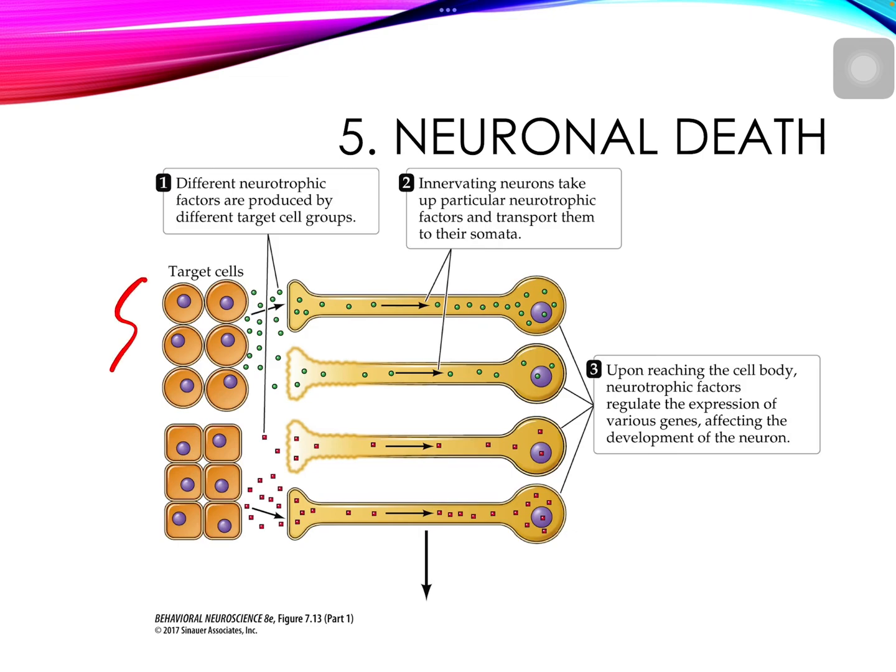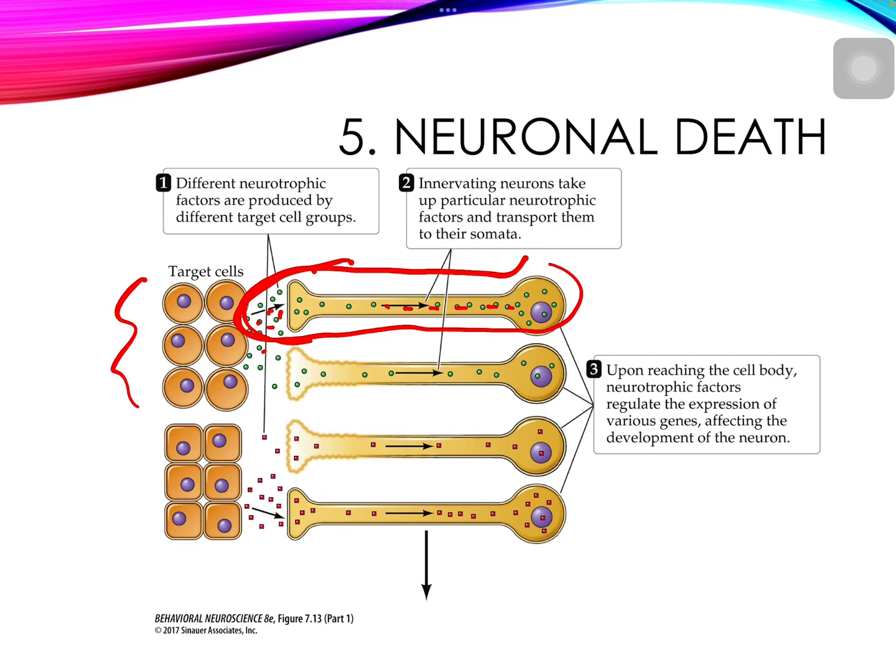So we have these target cells, and they're releasing these neurotrophic factors. Think of these as the little balls, right? And then this is like the little hippo coming out, trying to gobble up as much of this as it can. This is the axons taking in these neurotrophic factors and transporting them into the soma, or cell body.